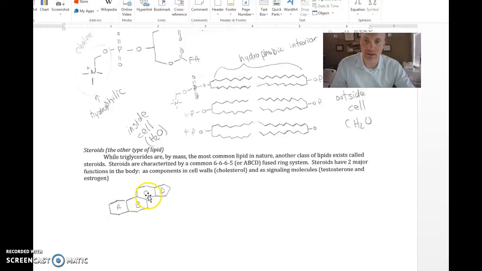We call this a 6-6-6-5 ring structure, and this makes what's called the ABCD fused ring system of a steroid. There are two major functions of steroids. First of all, they are components in cell walls. The classic steroid for that is cholesterol. But they're also used as signaling molecules, and the classic molecules for that are testosterone and estrogen.